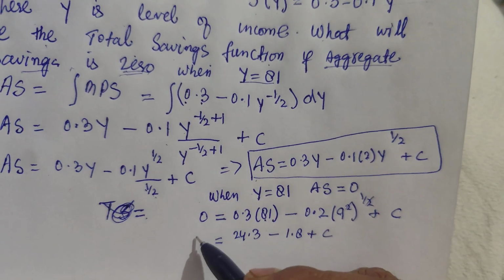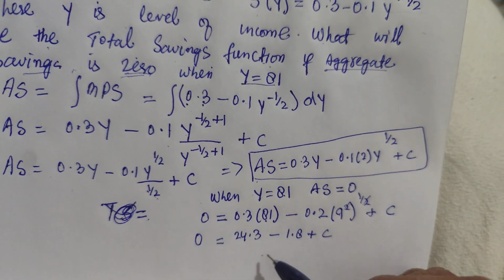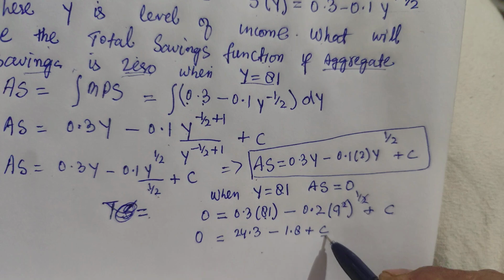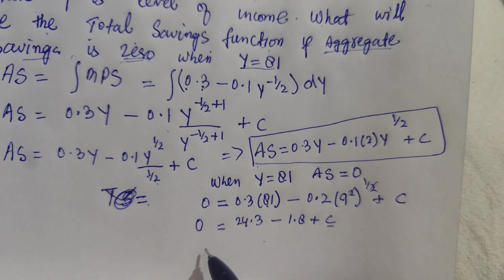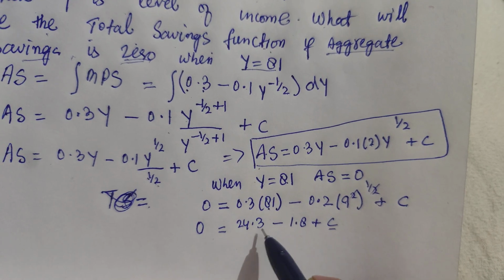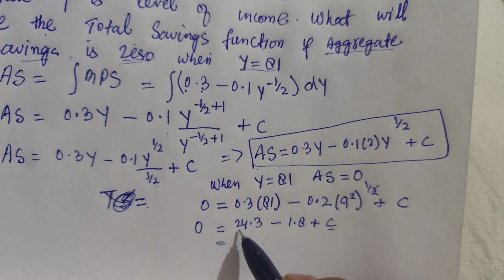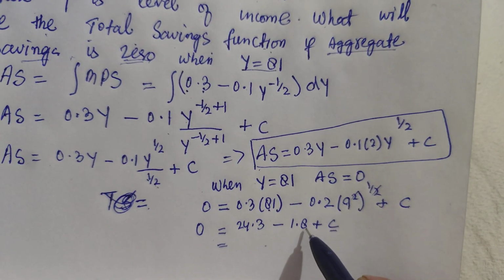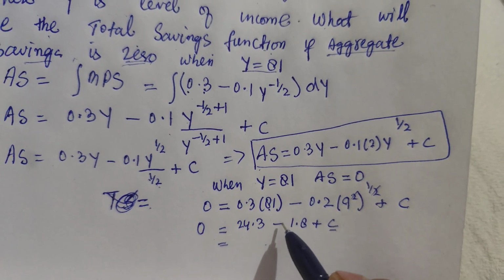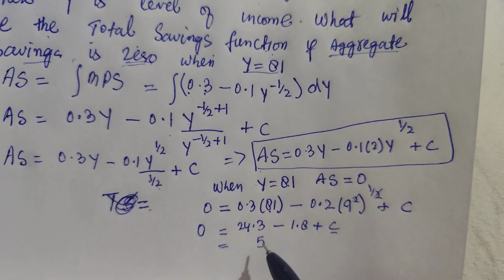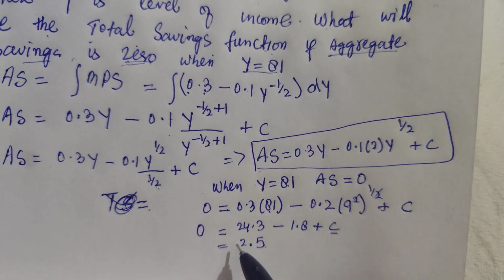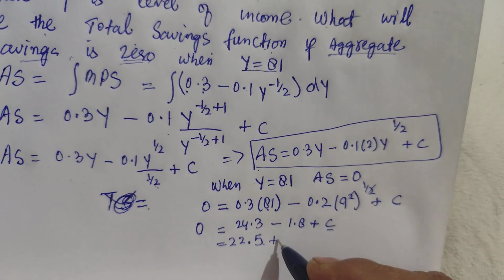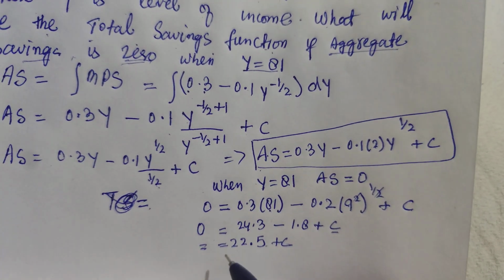So aggregate savings is equal to 0, and we need to find the value of c here. So 24.3 minus 1.8 gives 22.5, plus c is equal to 0.